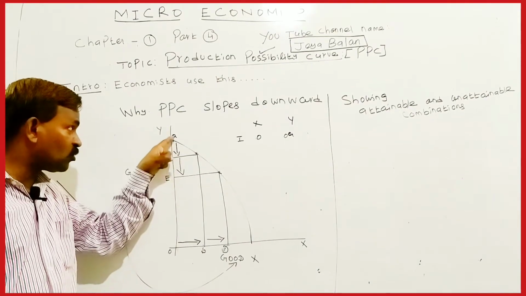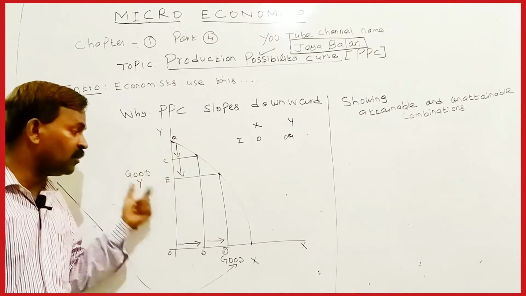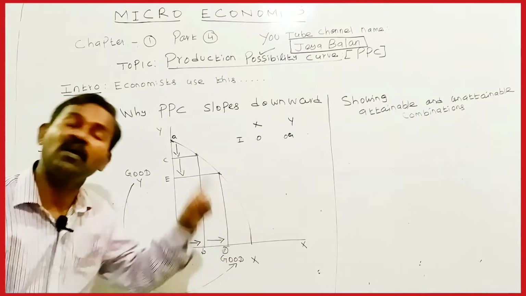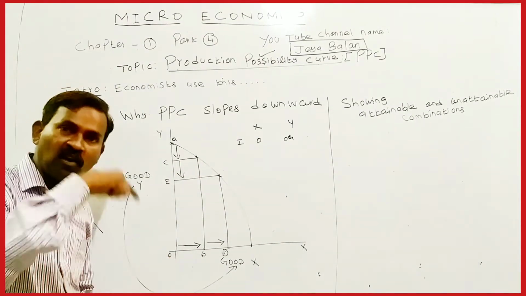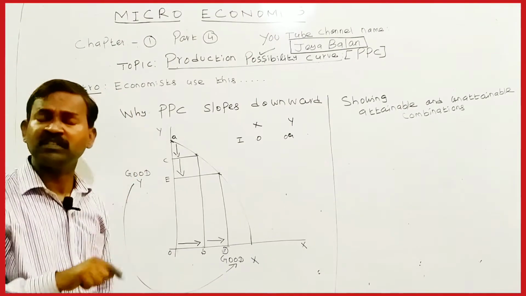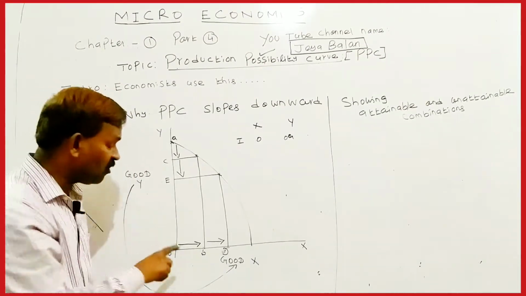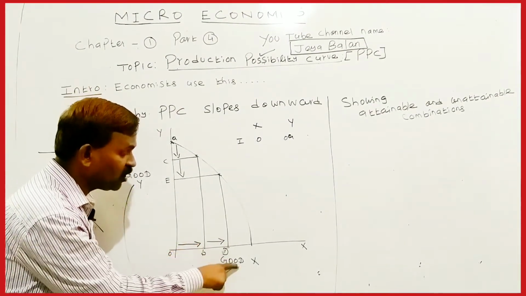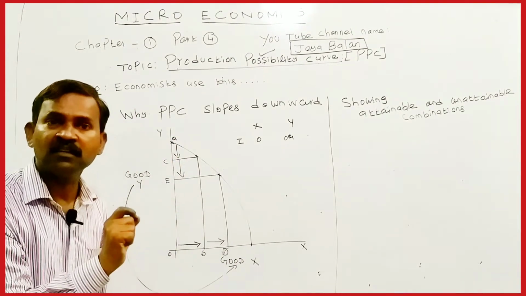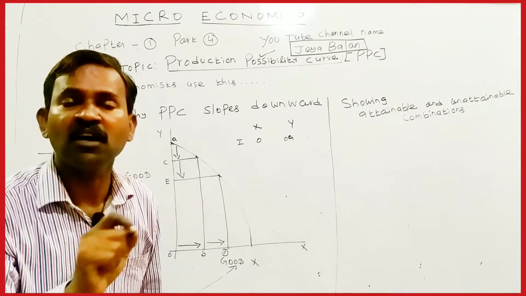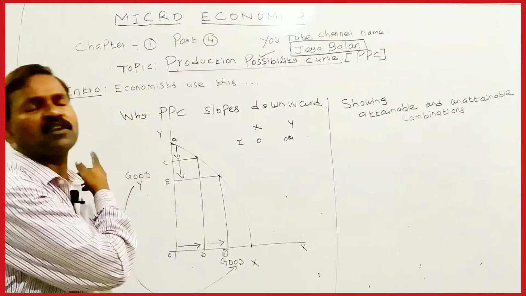Without losing the production of one commodity, you cannot increase the production of another commodity. Therefore, if an economy wants to increase the production of one commodity, the economy must sacrifice some number of units of production of another commodity.